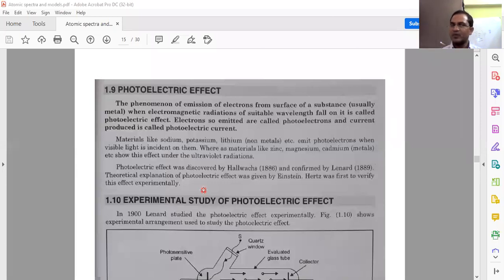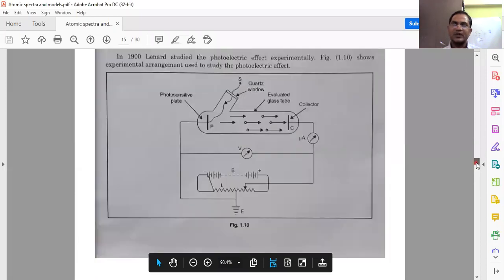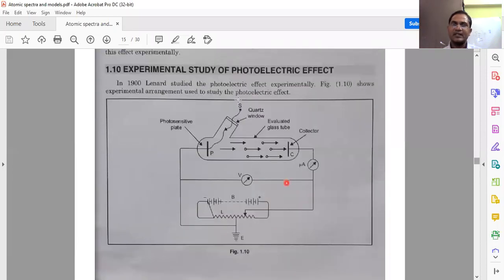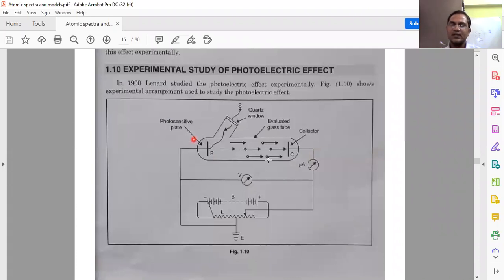Experimentally, in 1900, Lenard studied this photoelectric phenomenon in detail. The experimental setup is shown in this diagram. Let us describe it. This is a cylindrical evacuated glass tube.